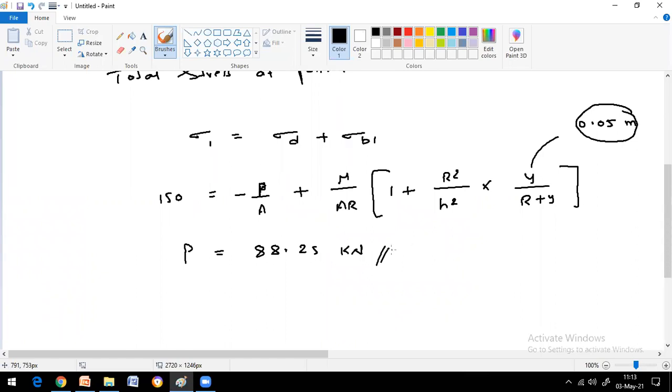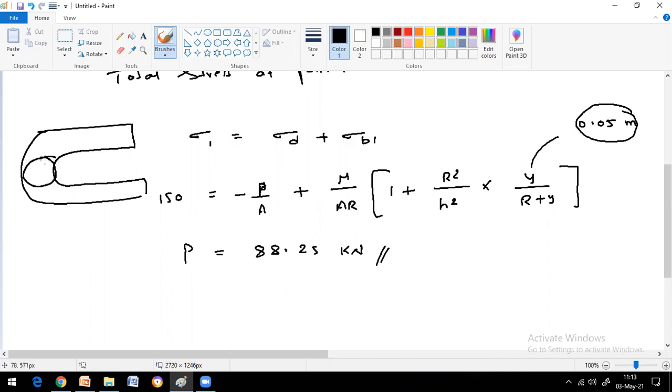So what do you mean point 1, sir? Here you say stress at point 1. What is point 1, point 2? Point 1 means, you saw in the diagram earlier. This is point 1.